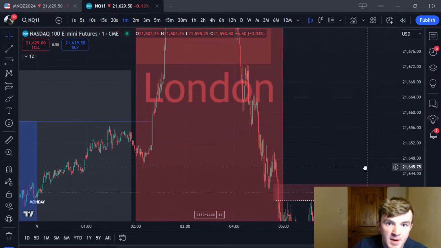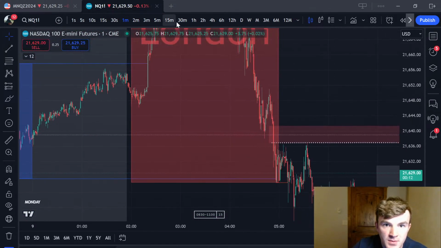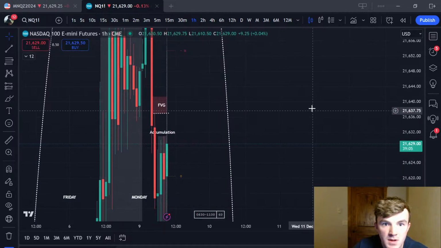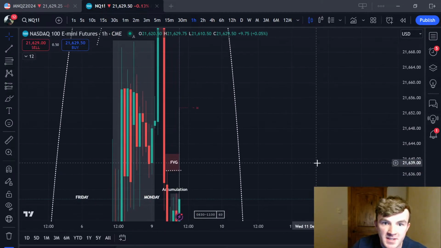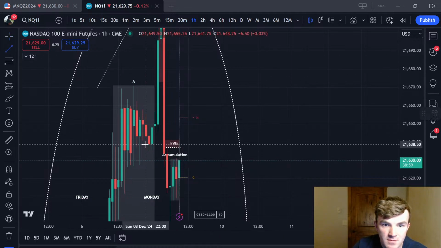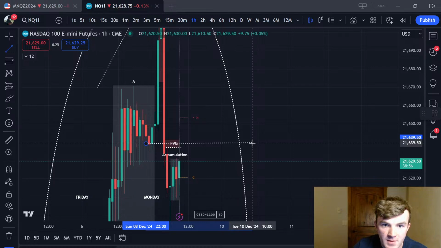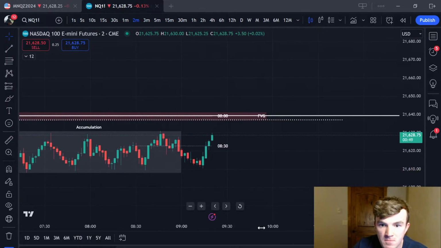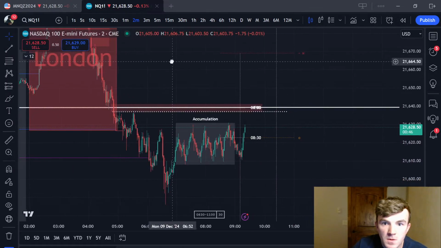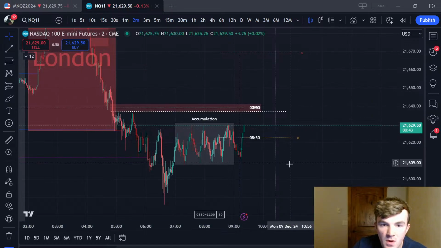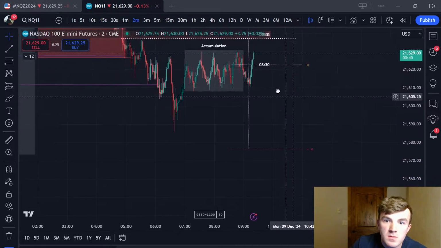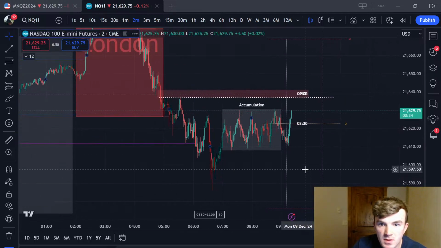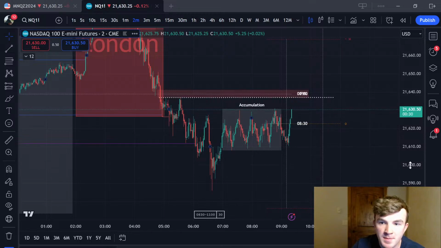This is a very good sell spot probably, but as well, this is where our higher time frame CASD is. So we're getting possibly our manipulation up.